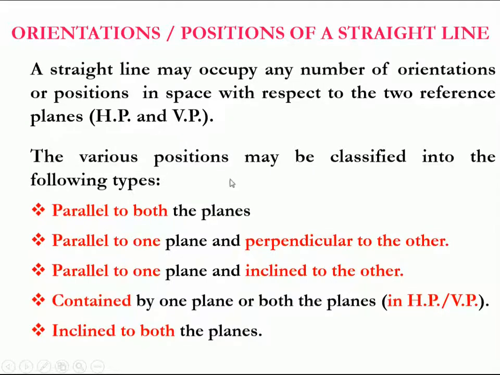The various positions may be classified into the following types: parallel to both the planes, parallel to one plane and perpendicular to the other, parallel to one plane and inclined to the other, contained by one plane or both the planes, and inclined to both the planes.